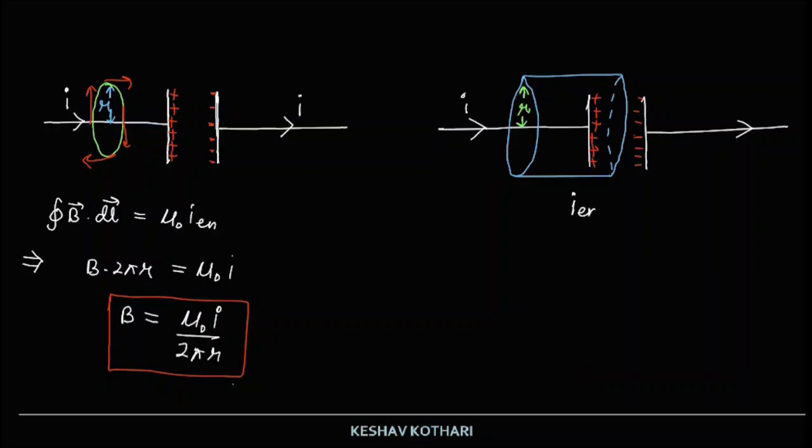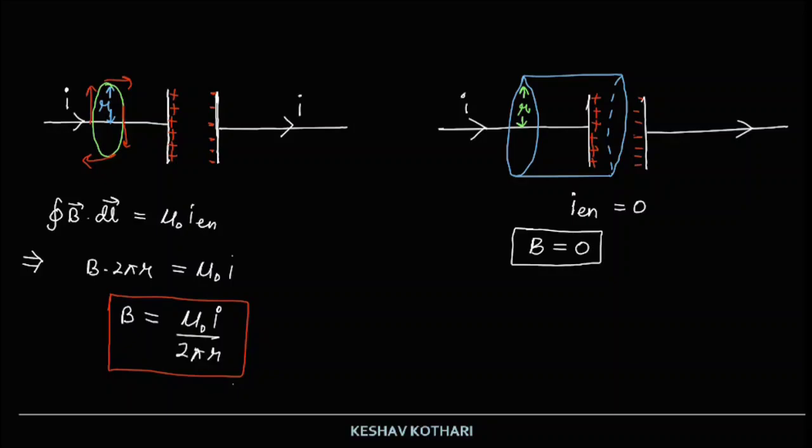It is not passing through the area bounded by the closed curve, and hence if I calculate the magnetic field strength at a distance r, the value of the RHS becomes 0, so B turns out to be 0.